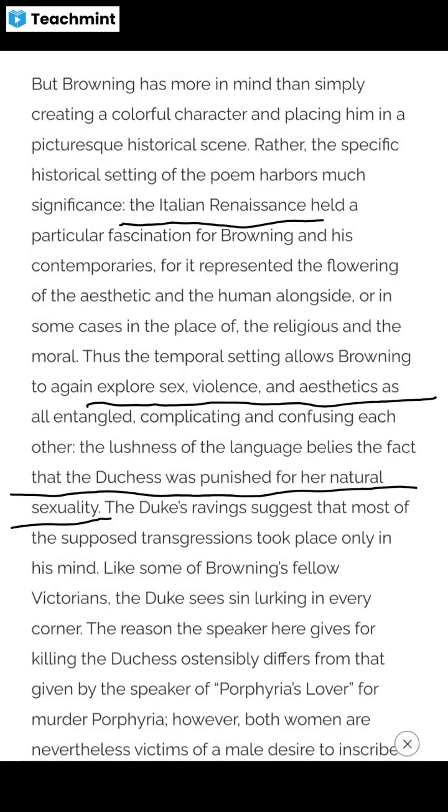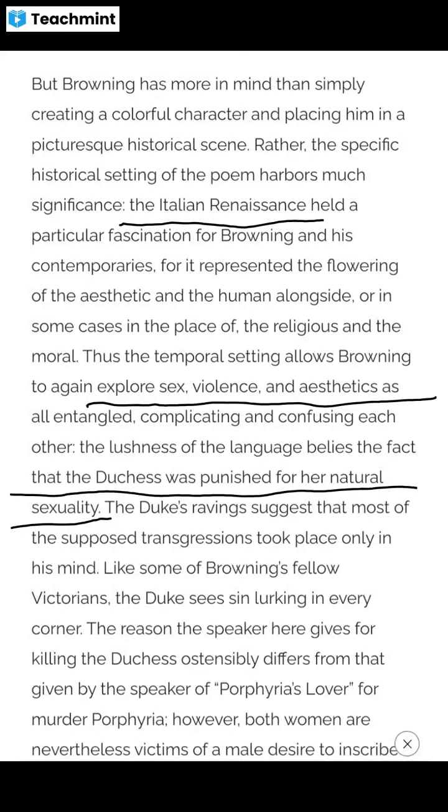Like some of Browning's fellow Victorians, the Duke seems to be lurking in every corner. The reason the speaker here gives for killing the Duchess ostensibly differs from that given by the speaker in Porphyria's Lover. This is not the poem about the murder of Porphyria; this is another character.